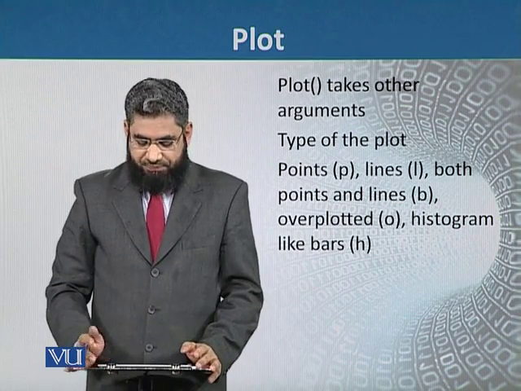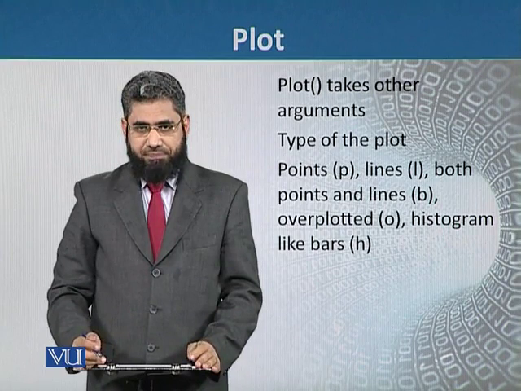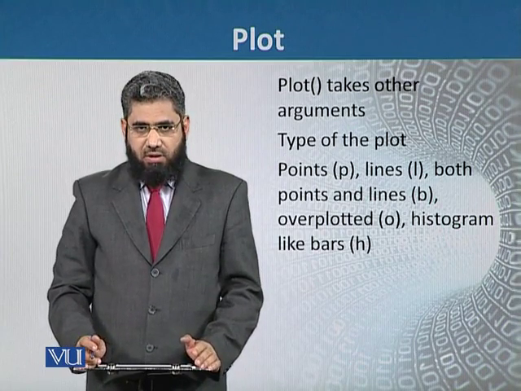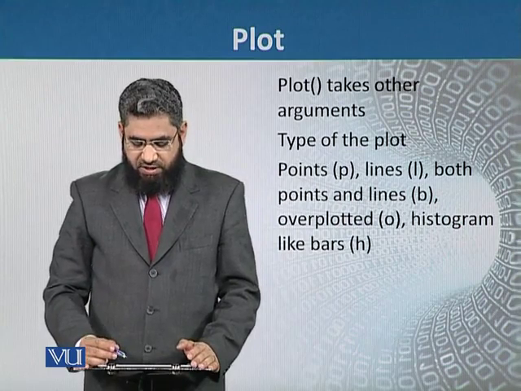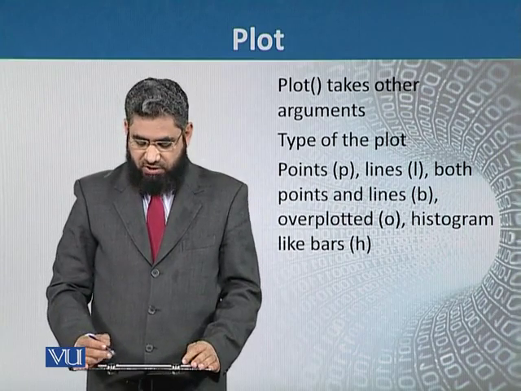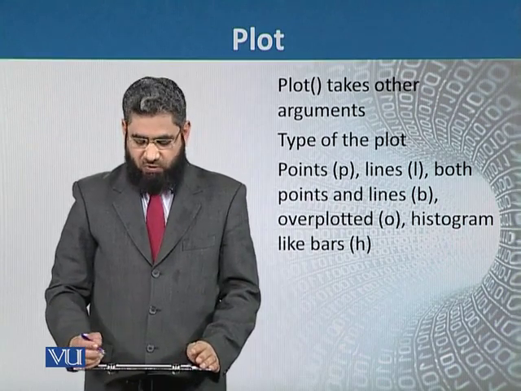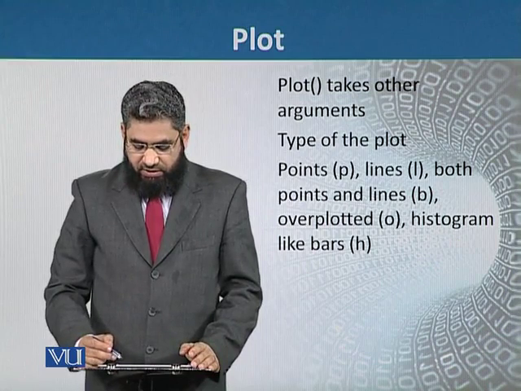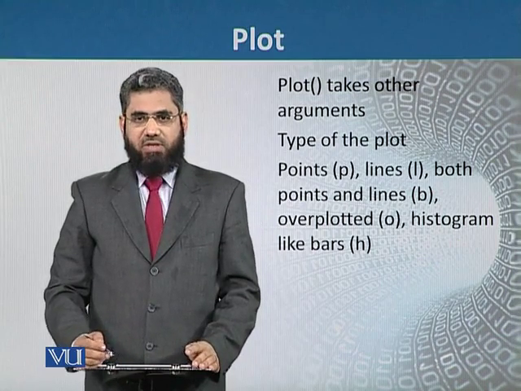The different types we can use: number one is point, which is represented with P. Another argument is line. It is represented with L. It means we can generate the line plot. And if it is both line and point, then it is written with B.